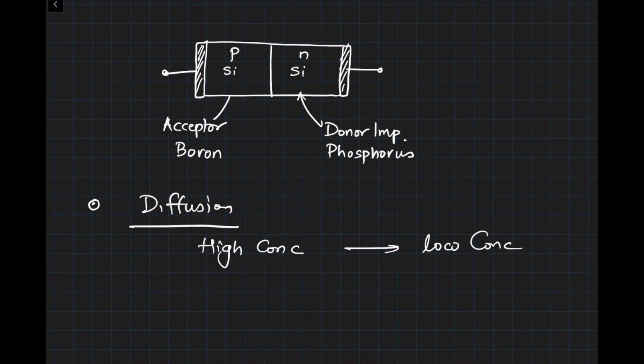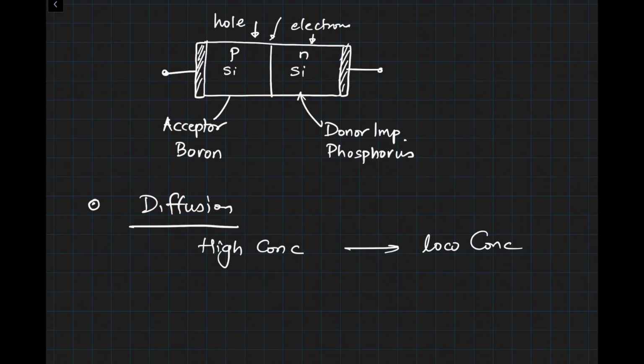So in terms of our semiconductors, the majority carriers, in this particular case holes in the p-type and electrons in the n-type, will diffuse across this junction to the other side.